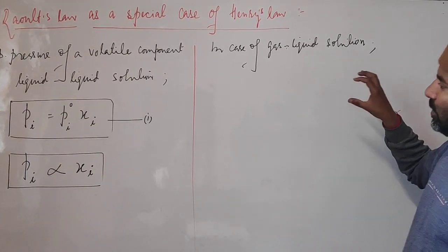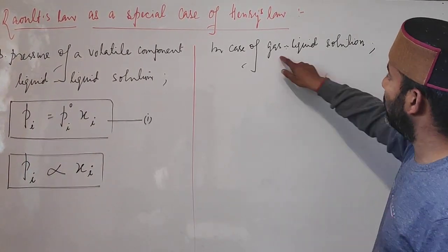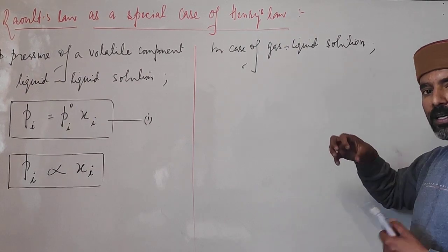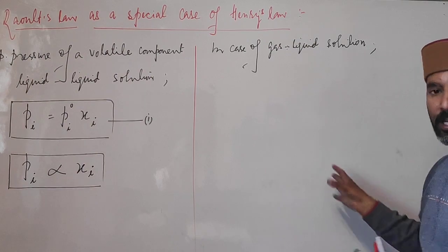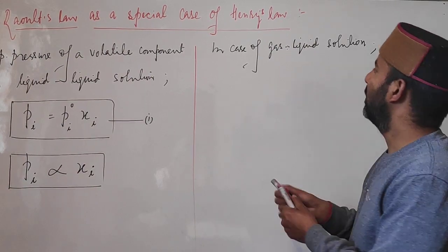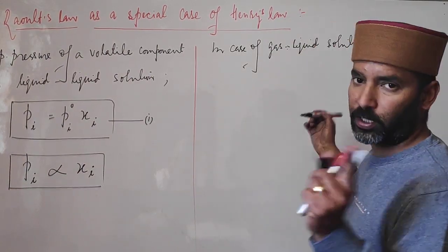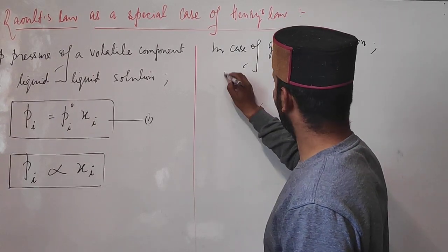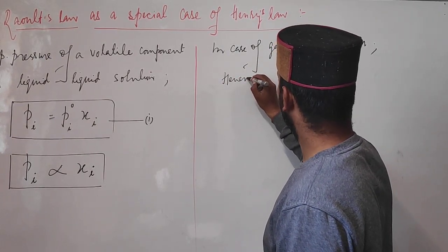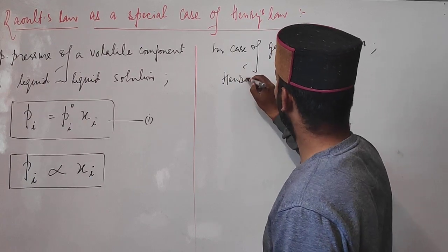In such a solution, the solubility of the gas is a function of the mole fraction, or we say it is a function of the pressure of the gas. So according to Henry's law, here we apply Henry's law.